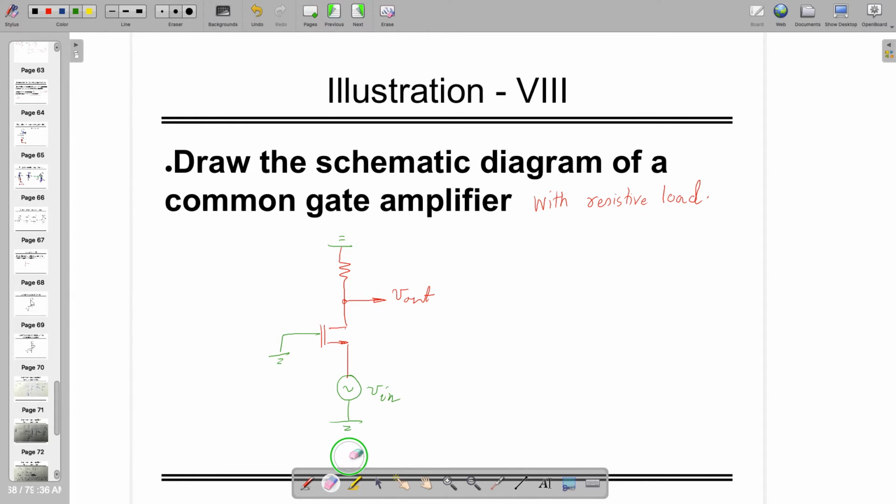This one needs VDD, and this one needs some potential which will make this transistor in saturation. So let's call that one VCM, common mode voltage. And while doing the analysis, all the common mode voltages will go to 0, right?